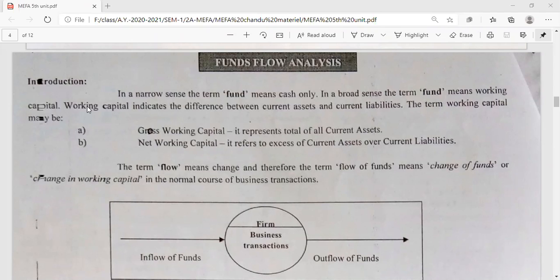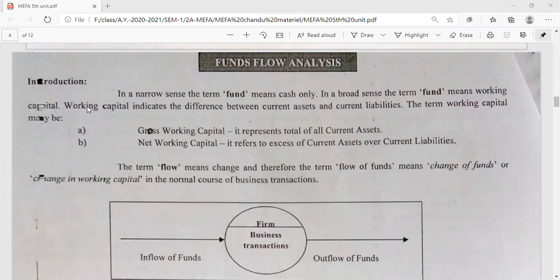To run the business, you definitely need some amount in your hand. That is generally called the working capital. So some capital will be kept somewhere, that is stagnated, right? Working capital indicates the difference between the current assets and the current liabilities.